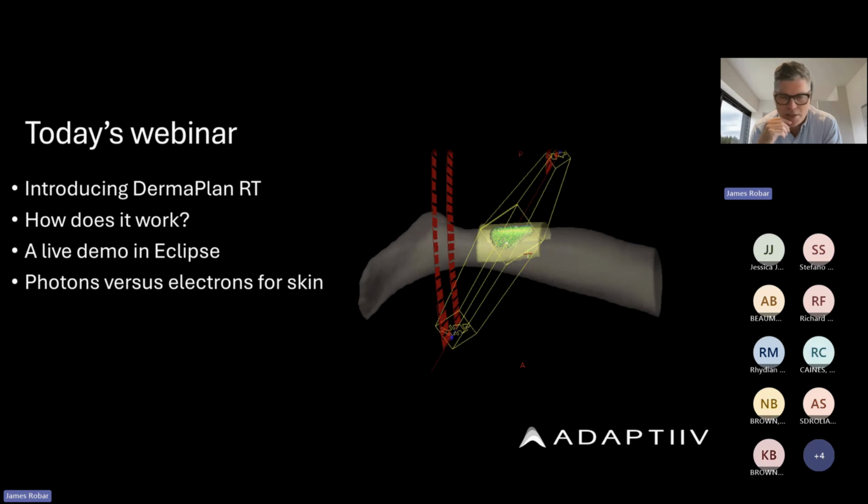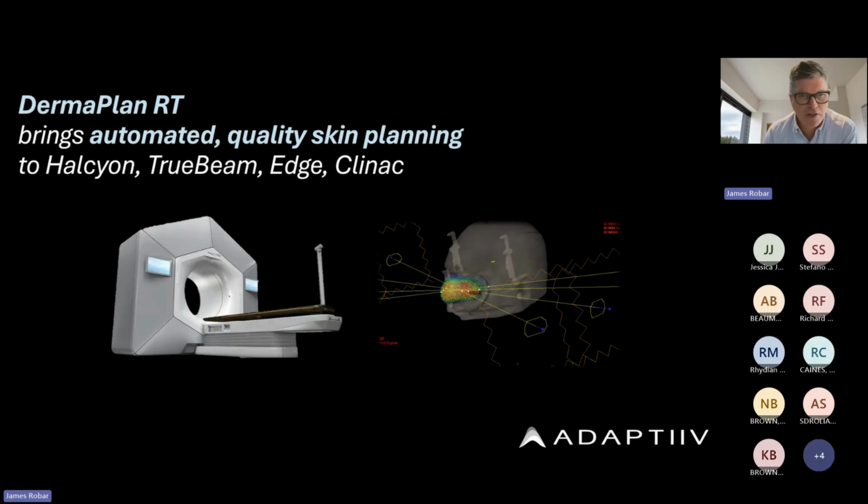I'll explain how it works, since I imagine some of you are physicists here and you like to see under the hood a little bit, or the bonnet, a live demo in Eclipse, and then this is photon planning. So I really wanted to address a comparison between megavoltage photon planning versus electrons for skin. So I hope that's a good plan for you today.